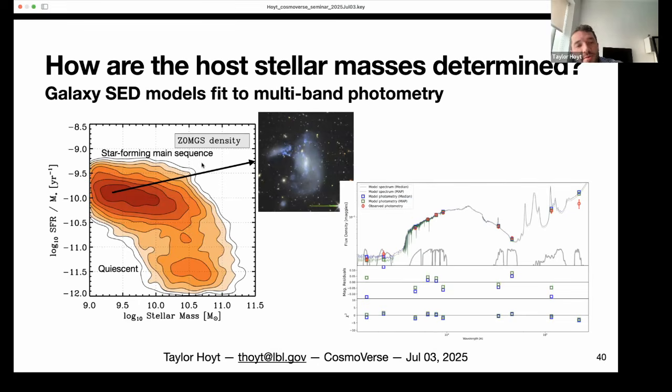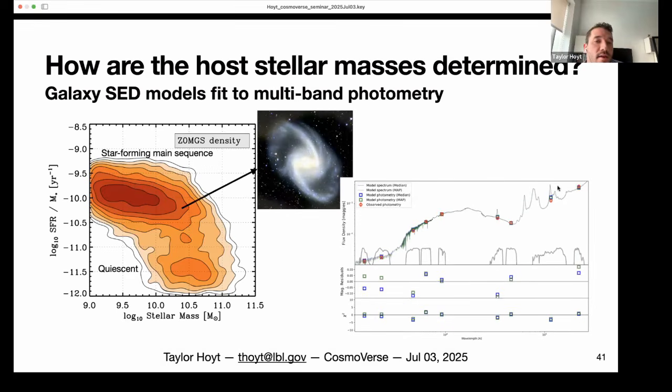I'll show three examples of the three main regions of the galaxy population. Here's a low mass star forming galaxy with the new SED fit shown here, which is just the flux. And here's UV bands, optical, and near to mid infrared.